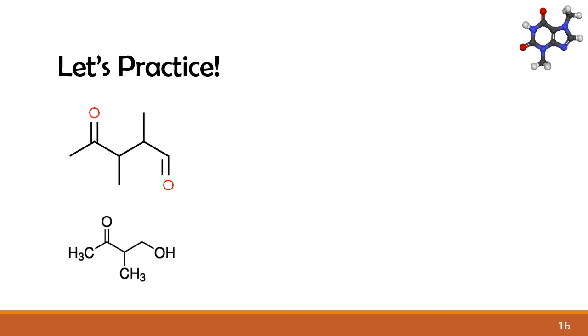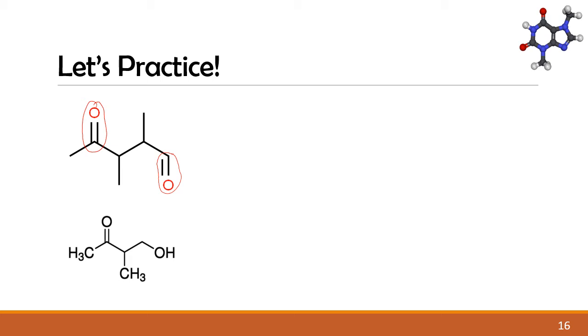Now let's practice naming these two compounds. For the first compound, our first step is to identify all functional groups present. In this case, we have an aldehyde here and a ketone here. Since aldehydes have higher priority over ketones, our LCC must contain the aldehyde and the carbonyl carbon becomes C1.